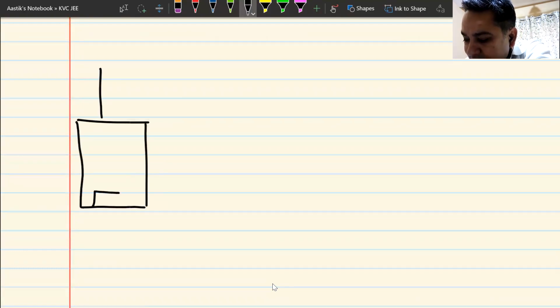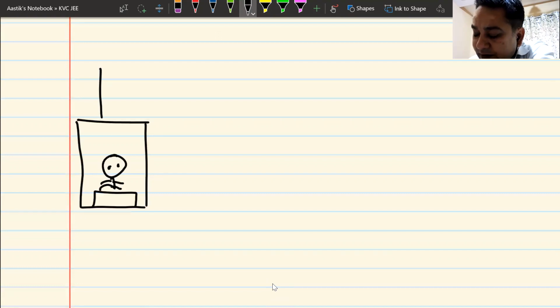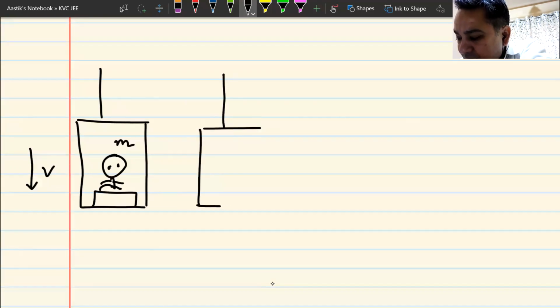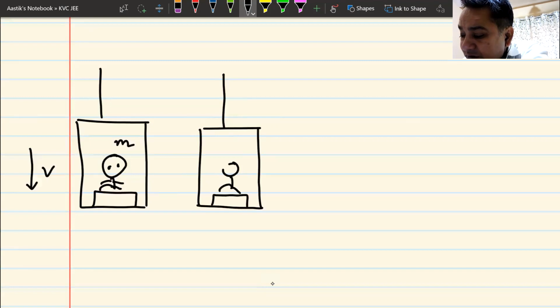Now the man is standing on this lift on a weighing machine. The mass of the man is m. You have to find out the reading in the weighing machine. Remember, the reading in the weighing machine is always the normal reaction. So basically, they're asking the value of the normal reaction.